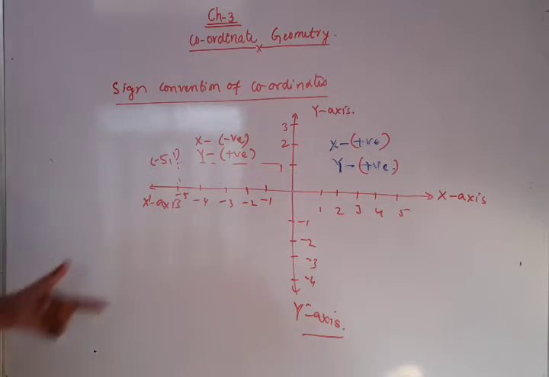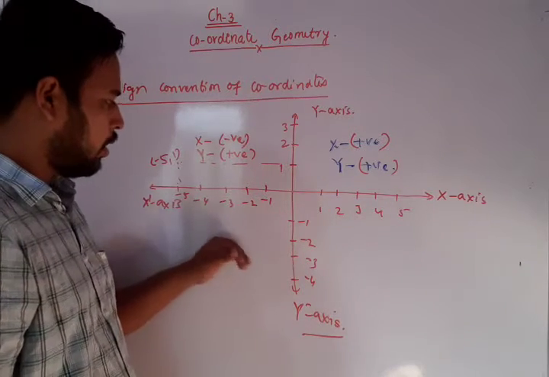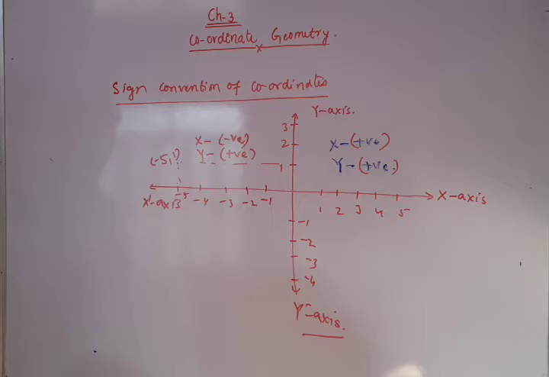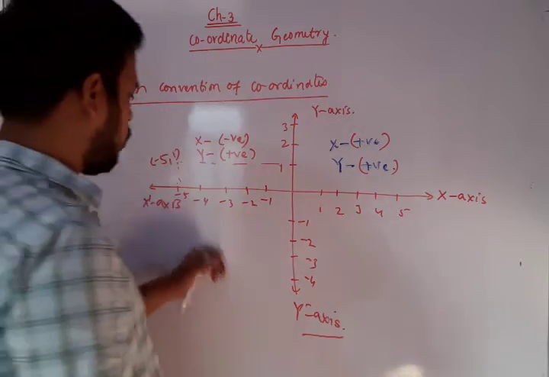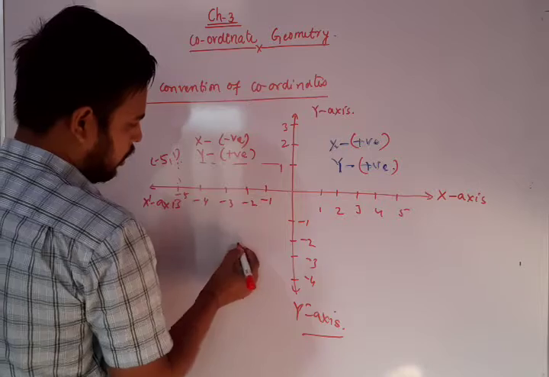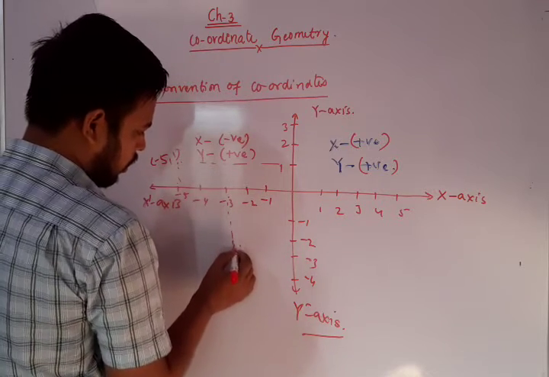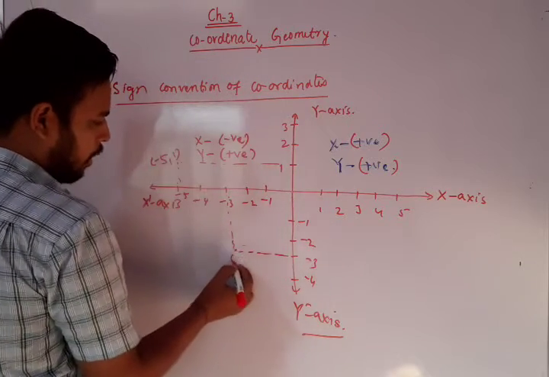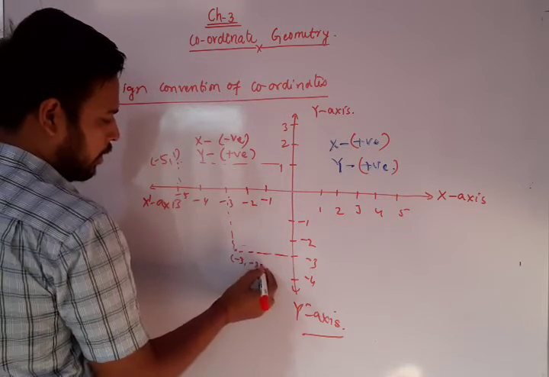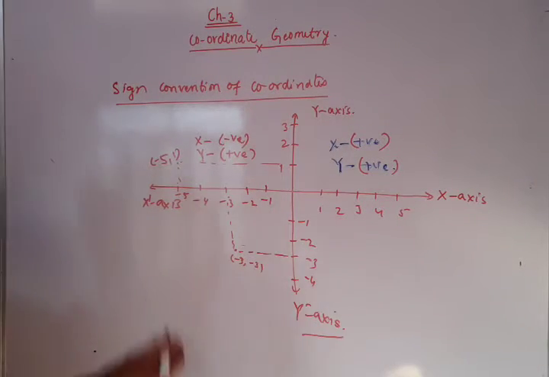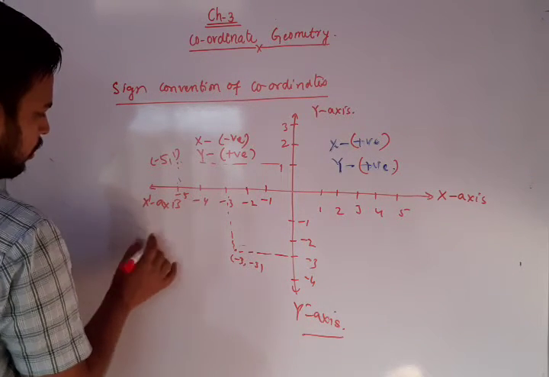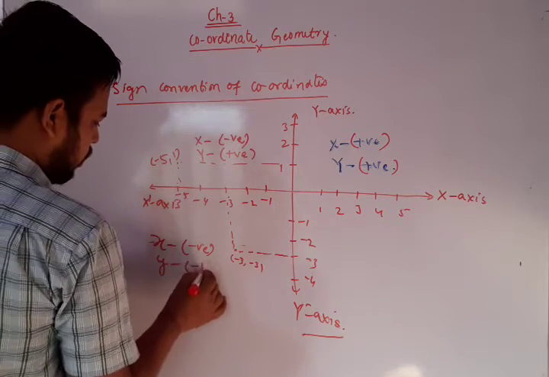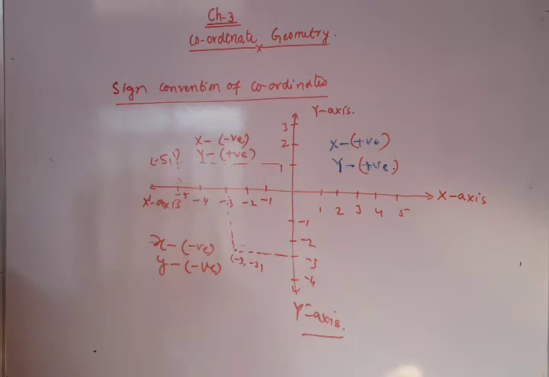Now coming to this quadrant, both values x and y. Suppose I have taken this, I am drawing the coordinates. Here x is -3, y is -3, meaning x is negative, y is negative. Both coordinates are negative.